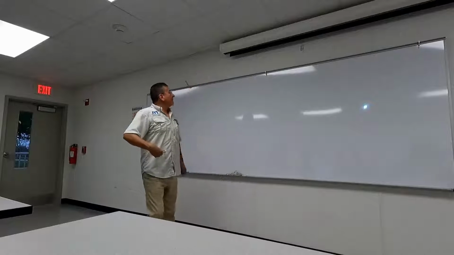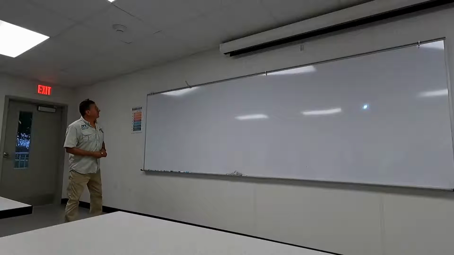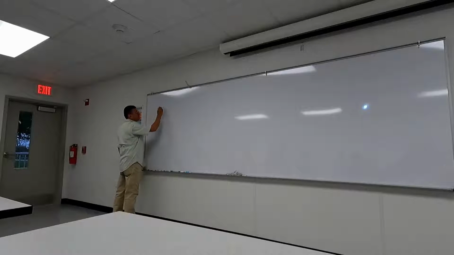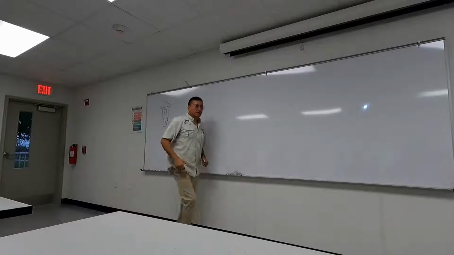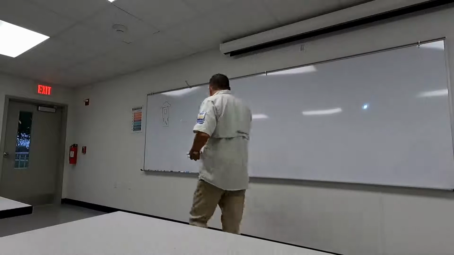All right, we are going to start with the first one. This is the pedestal. You remember that the pedestal has a board with four connections: hat 1, hat 2, neutral and ground.